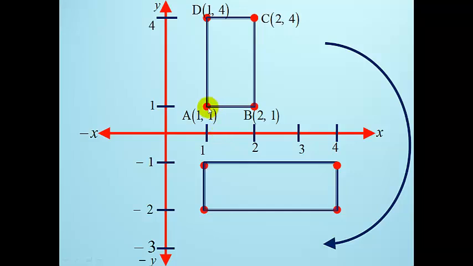I repeat, rotate the rectangle with the vertices A, B, C, D given, in a clockwise rotation of 90 degrees, to see the vertices you are going to get, as shown by the rectangle in this quadrant. So you find the vertices after rotating ABCD clockwise through 90 degrees about the origin.